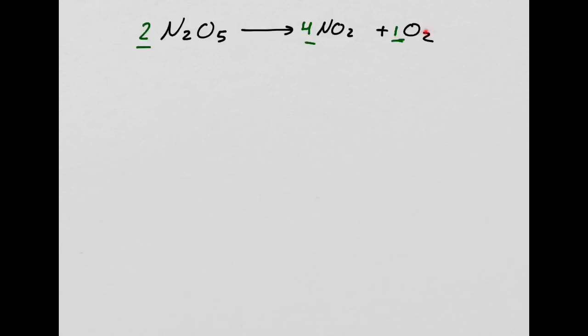If you look at this reaction, here's what these coefficients are telling me. For every 1 mole of O2 that forms, 4 times as many moles of NO2 are going to form. In the meantime, 2 times as many moles of N2O5 are going to disappear. You guys follow that?